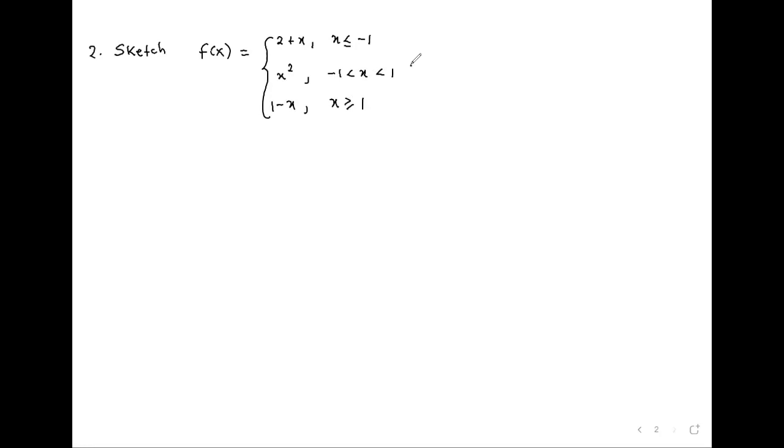Sketch, then determine if f is continuous at x is equal to 1 and at x is equal to -1.